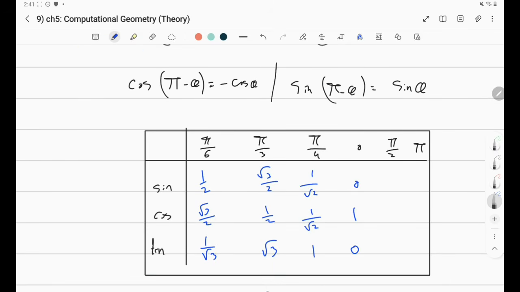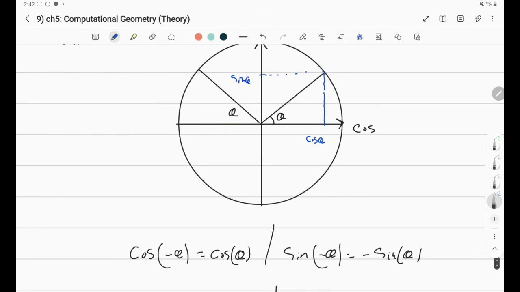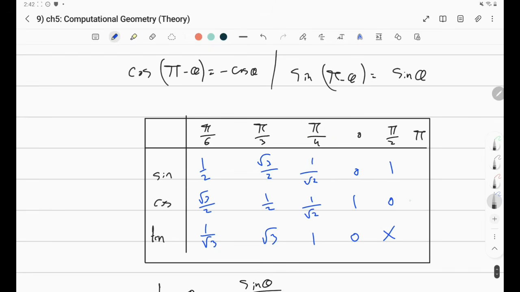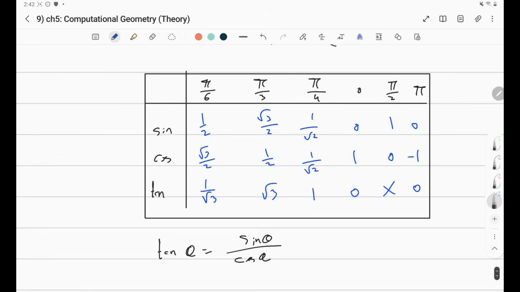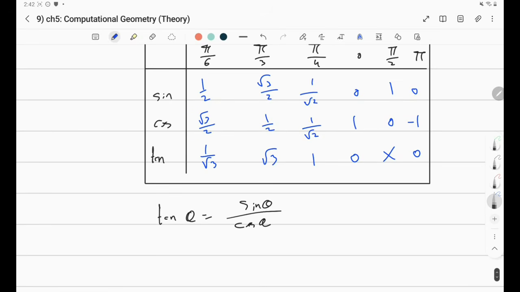Of course, now if you divide, then you get 0 for tan. Here, the opposite, 1, 0 for pi over 2. And now here tan is undefined, right? 1 over 0, like infinity. So that's undefined here. For pi, again, pi is here, this point. Negative 1, 0. So cosine is negative 1, sine is 0, tan is 0.